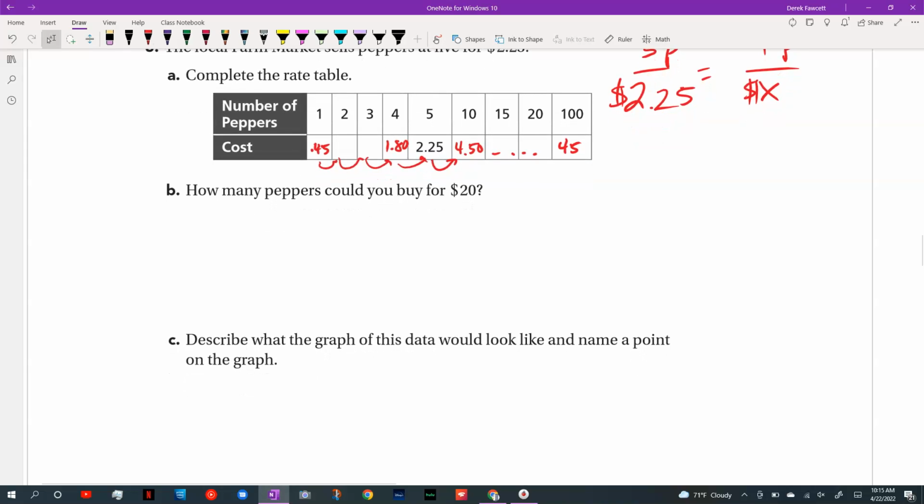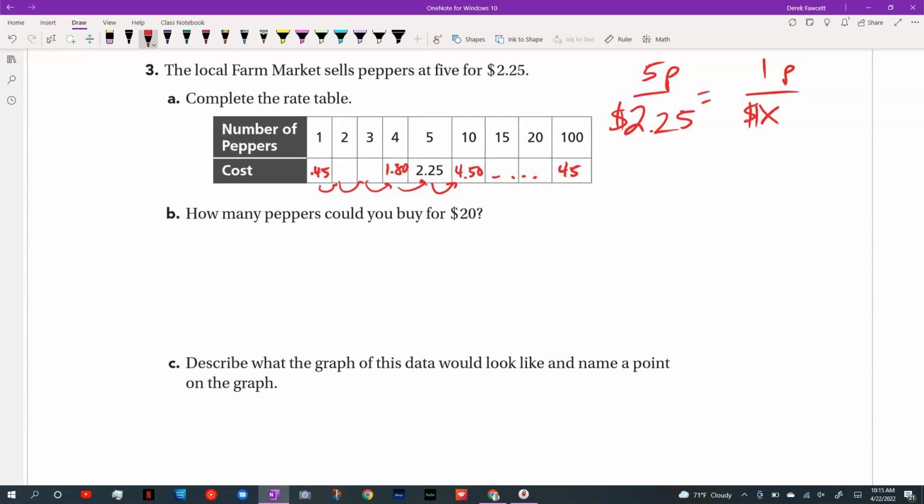So how many could you buy for $20? Well, you could set up a proportion, right? If I can buy 5 peppers for $2.25, I want to know how many peppers I could buy for $20.